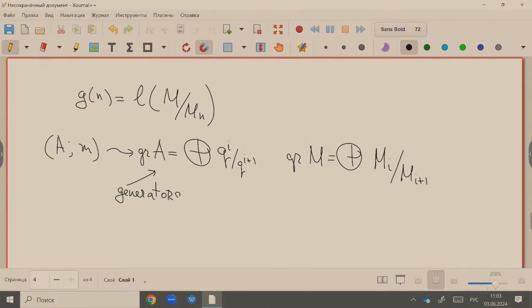And notice that we have obtained the Hilbert series. Notice that here you have this graded ring. It has generators of degree 1 with respect to this filtration.